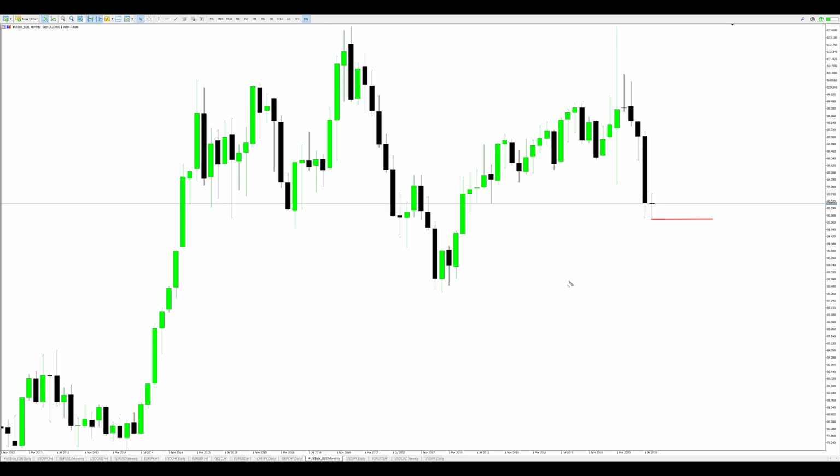Now we need to define where we are going to be trading, what's our range. We've got this low which was formed last week, and then we've got this old low here. You can clearly see we've got that old low, which is also critical. And then currently we have the high for August.